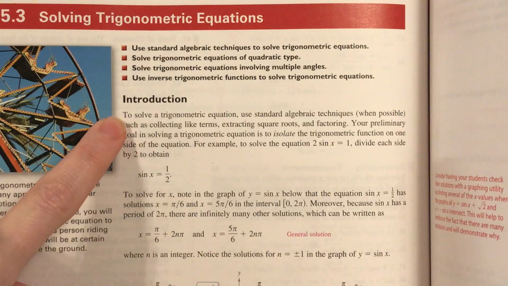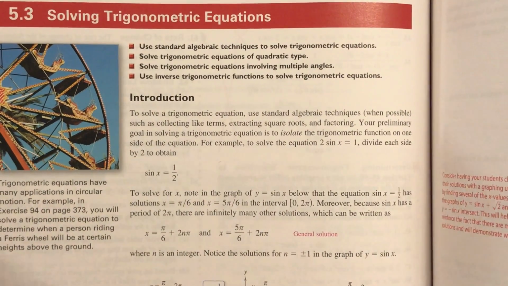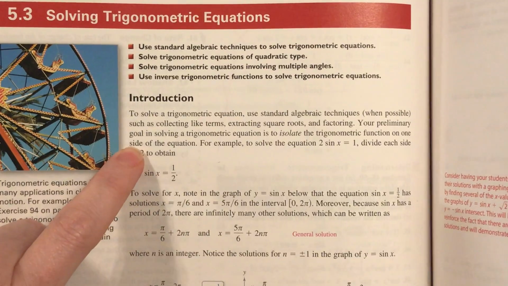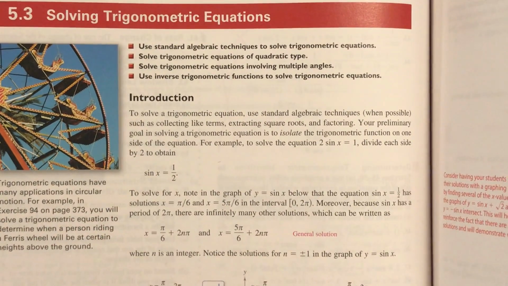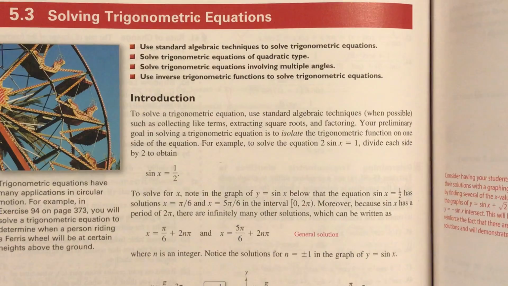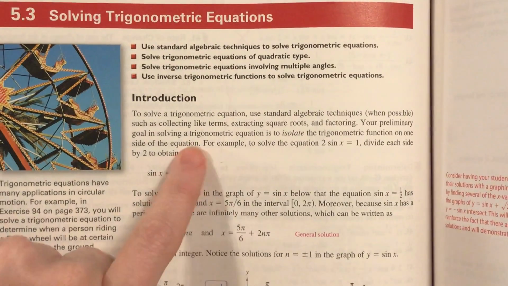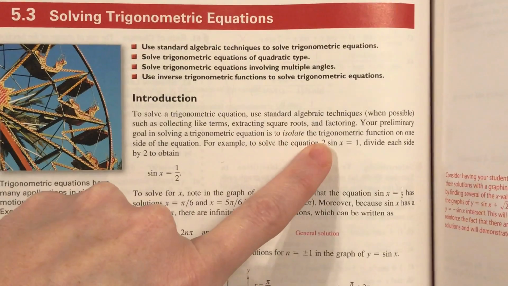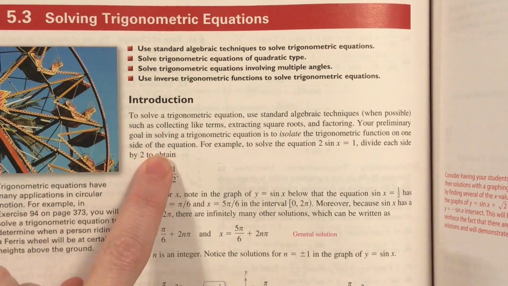Now, under the introduction, we're just going to look at this together, okay? It says, to solve a trig equation, use standard algebraic techniques. So just like you'd solve any other equation, except your first goal in solving a trig equation is to isolate the trigonometric function on one side of the equation.